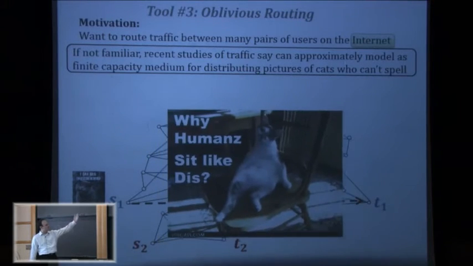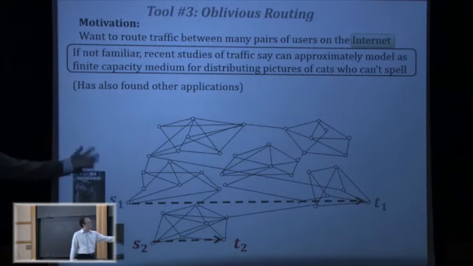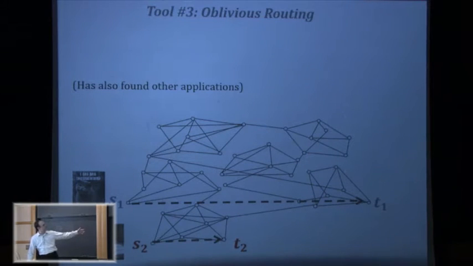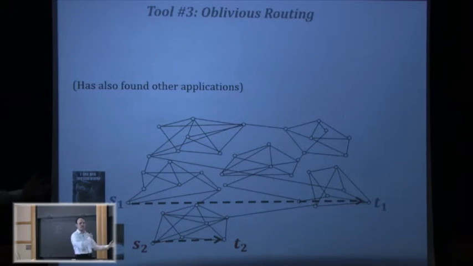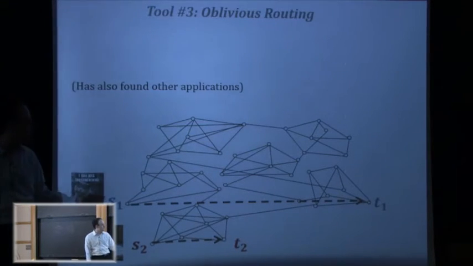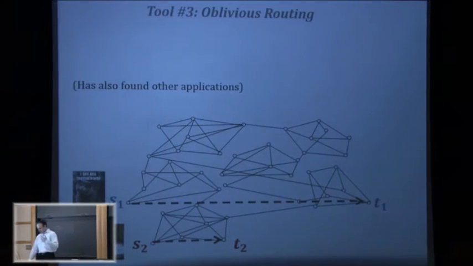And so you have users who want to distribute these pictures. It's found other applications since then. But the idea is you have these users, and you have a bunch of sources, a bunch of sinks. And your goal is going to be to route stuff from source to sink subject to capacities, as before. So here we have S1 wants to route this picture to T1. S2 wants to send that to T2.